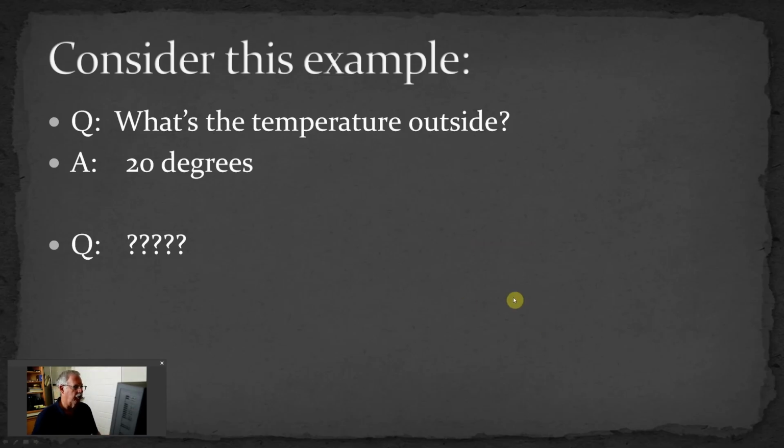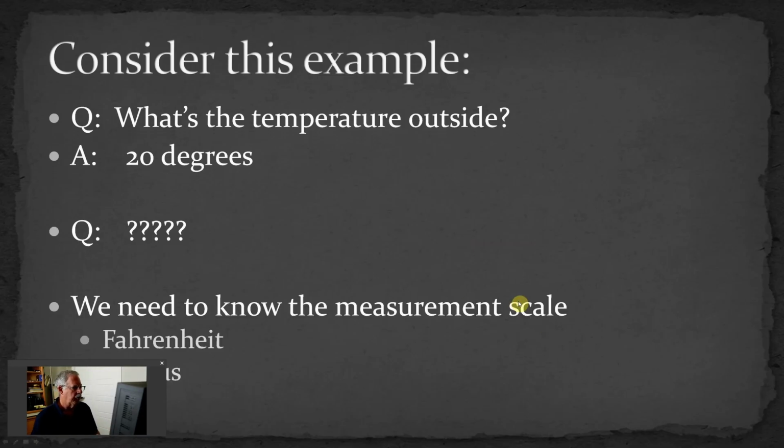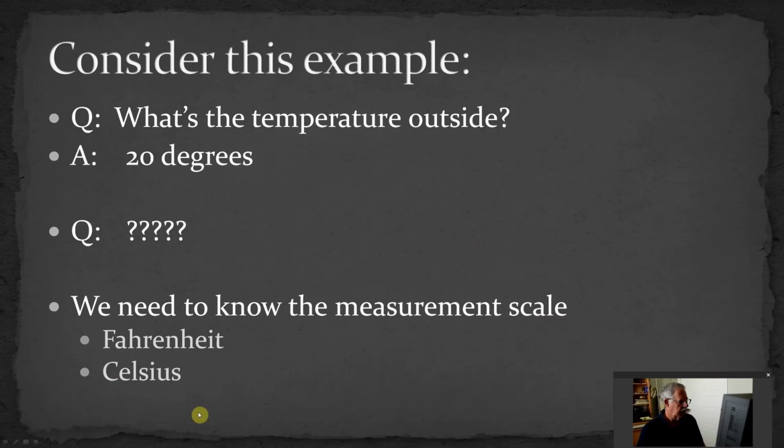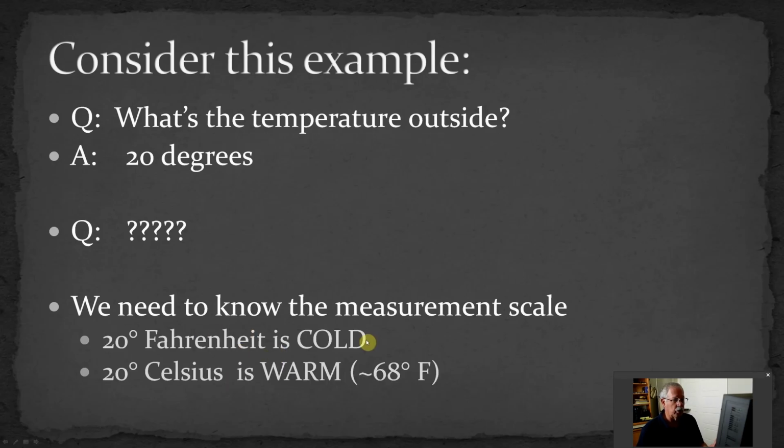You don't know if that's warm or cold because you don't know if it's being measured in Fahrenheit or Celsius. And it makes quite a difference because 20 degrees Fahrenheit is cold, 20 degrees Celsius is warm, around 68 degrees Fahrenheit. So you need that frame of reference or a measurement scale to interpret what 20 means.